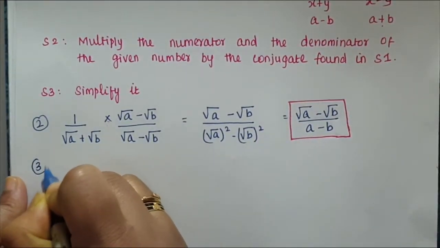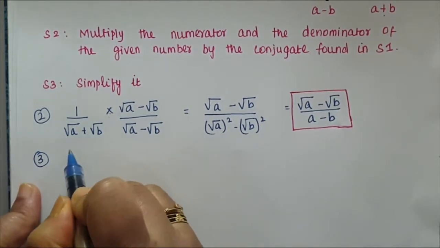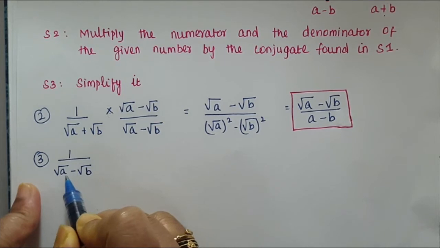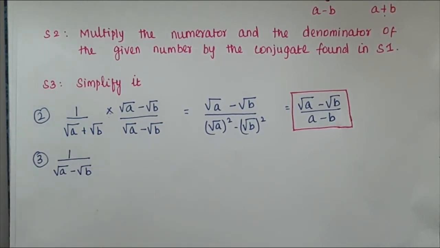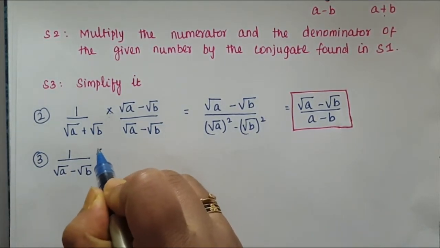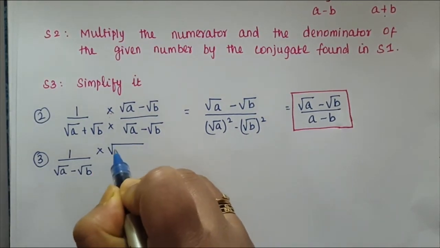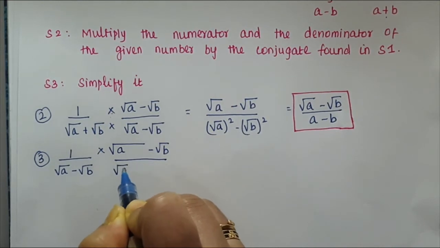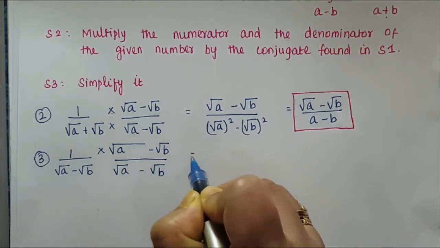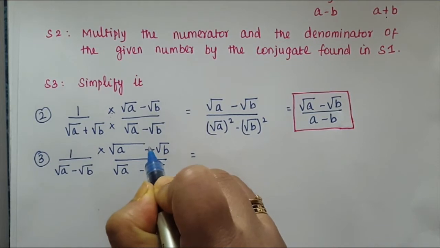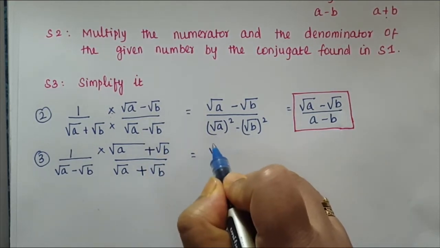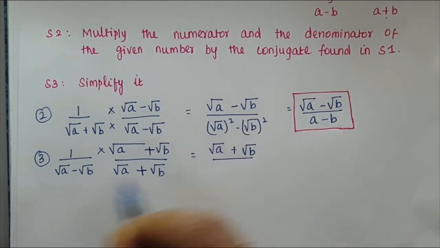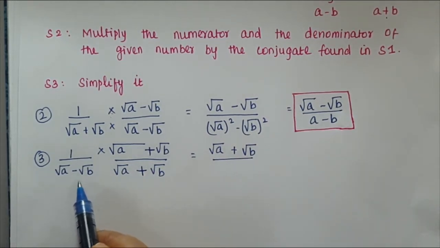Third question: 1 by square root of a minus square root of b. The conjugate of square root of a minus square root of b is square root of a plus square root of b. Multiply the numerator and denominator by the conjugate. Sorry, here you have to put plus. So square root of a plus square root of b divided by, this is also in the form of x minus y into x plus y.